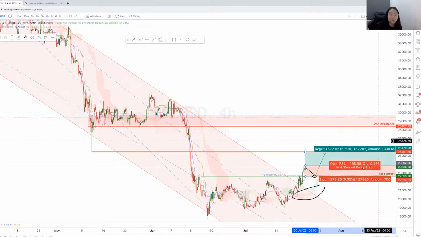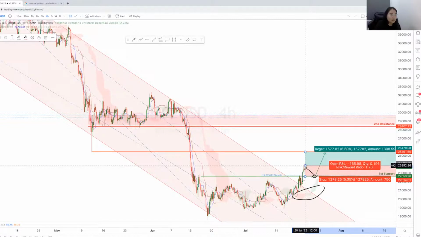It means if you have a $100,000 account, you are risking 1%, so you risk $1,000. If price goes to your stop loss, you lose $1,000. If price goes to your take profit, you win $1,230.